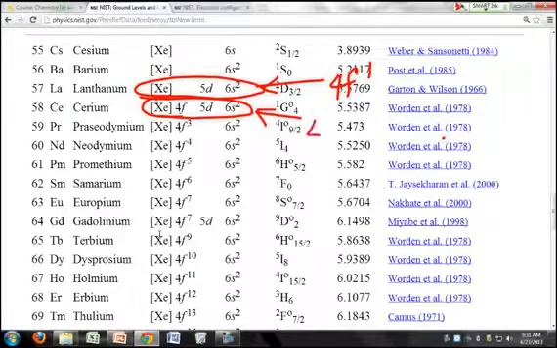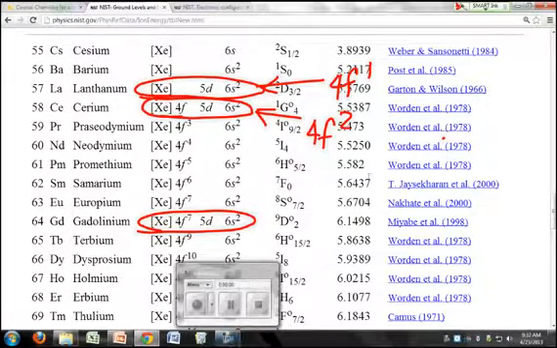Here, instead of 4F2, you have 4F1, 5D1. So there are exceptions to that general pattern that you're taught in terms of coming up with electron configuration. And then here's another exception right here to the general pattern. Instead of 4F8, you have 4F7, 5D1.